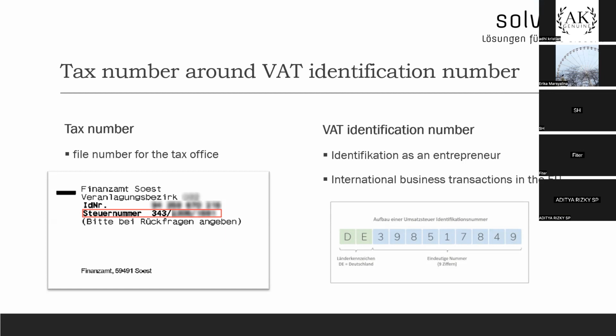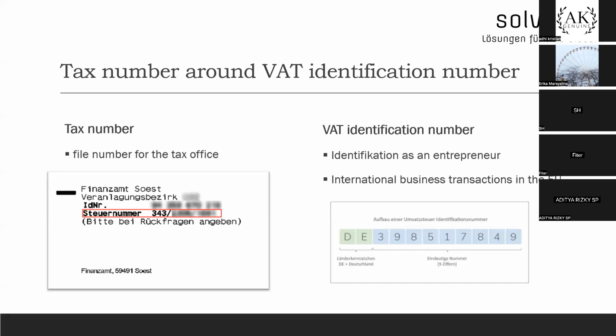It's a number that identifies you as an entrepreneur for international business, especially if you would like to do import and export in the EU. It's necessary to have this number because your clients in the EU need the information that you are an entrepreneur under the VAT regulations in Europe.